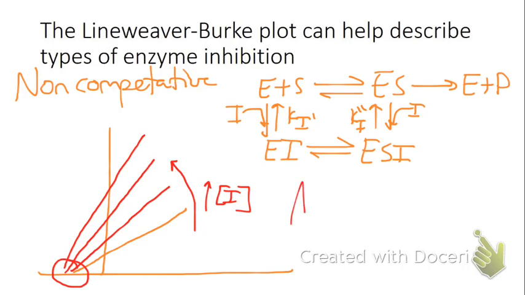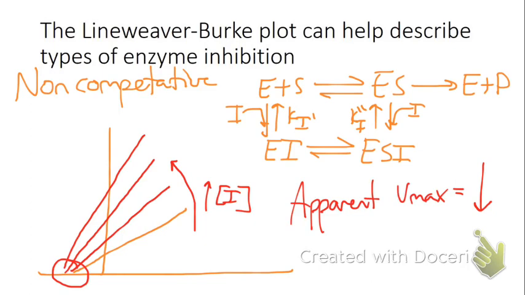What changes is the apparent Vmax. Since the numbers are getting bigger and we're looking at the reciprocal, the apparent Vmax decreases. So in a competitive inhibitor, the Km increases and the Vmax does not change. In a non-competitive inhibitor, the Km does not change, but the apparent Vmax goes down.